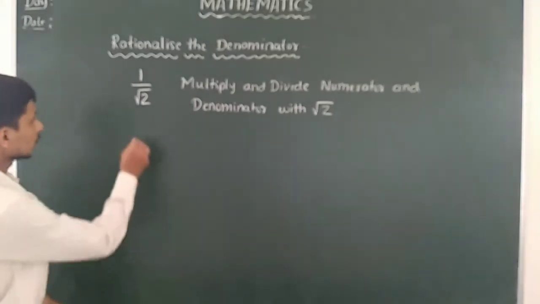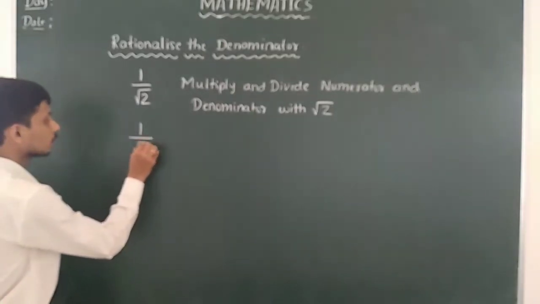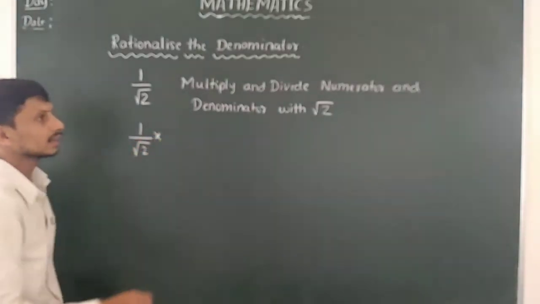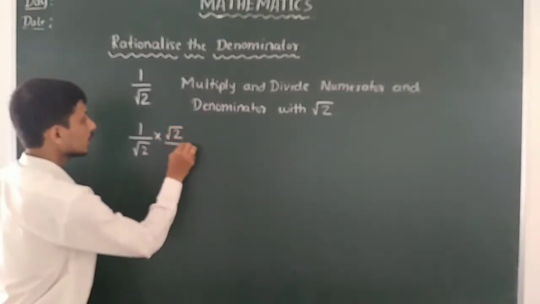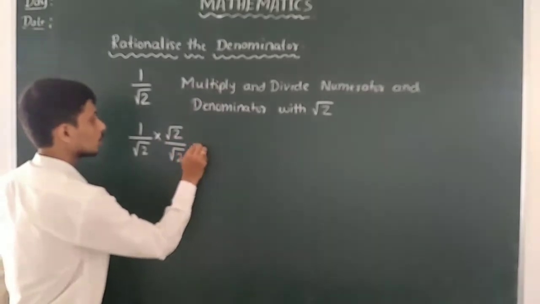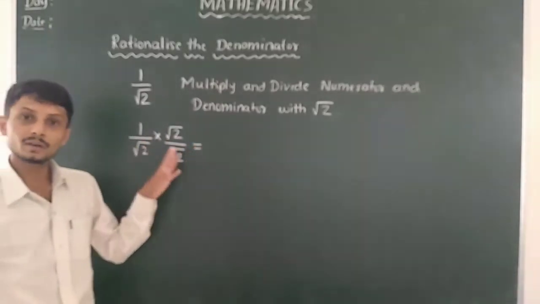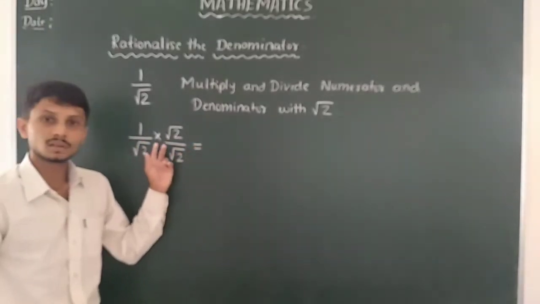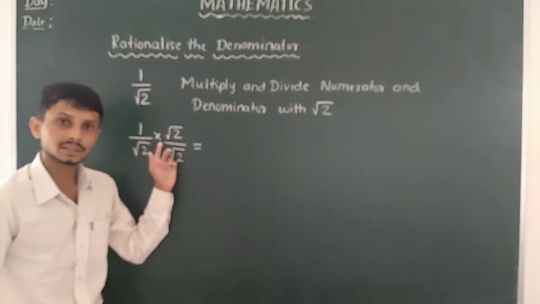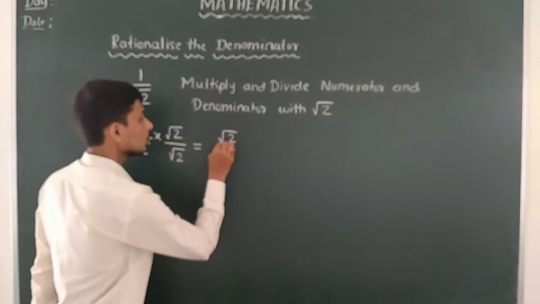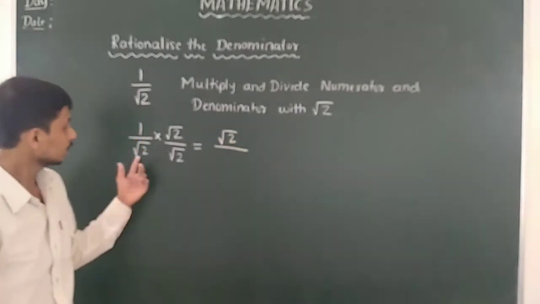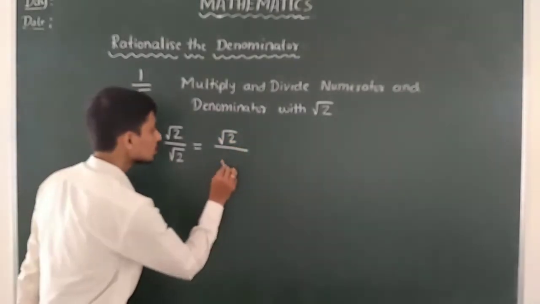Firstly 1 by root 2. Multiply and divide the numerator and denominator by root 2. Then we operate the multiplication: 1 into root 2 is root 2, divided by root 2 into root 2, which is root 2 square.